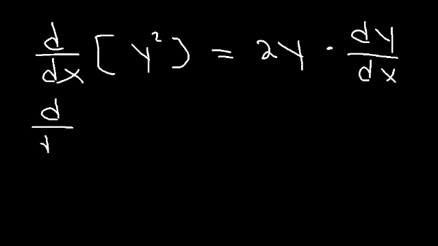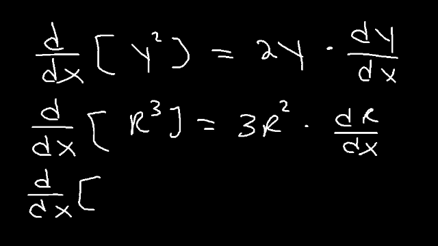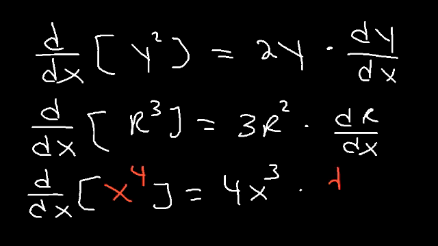If you want to find the derivative of, let's say, r to the third with respect to x, it's 3r squared times dr/dx. If you want to find the derivative of x to the fourth with respect to x, this is going to be 4x cubed times dx/dx.